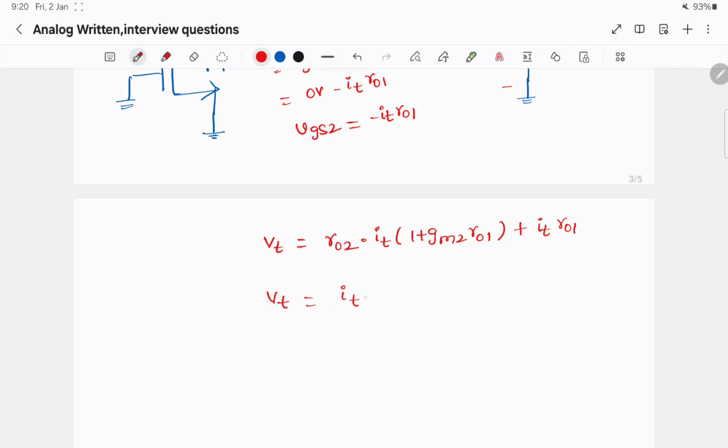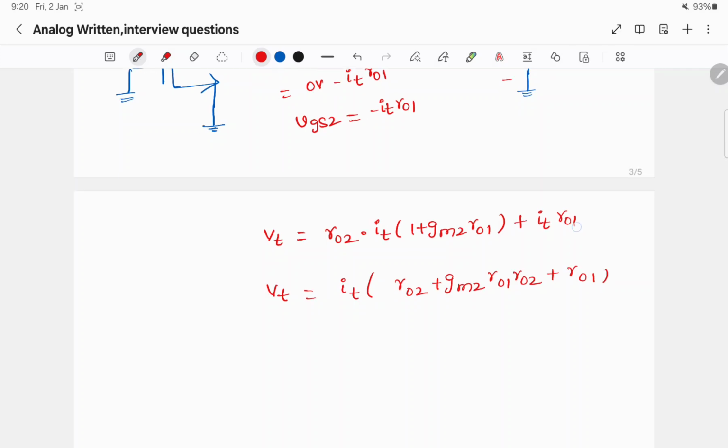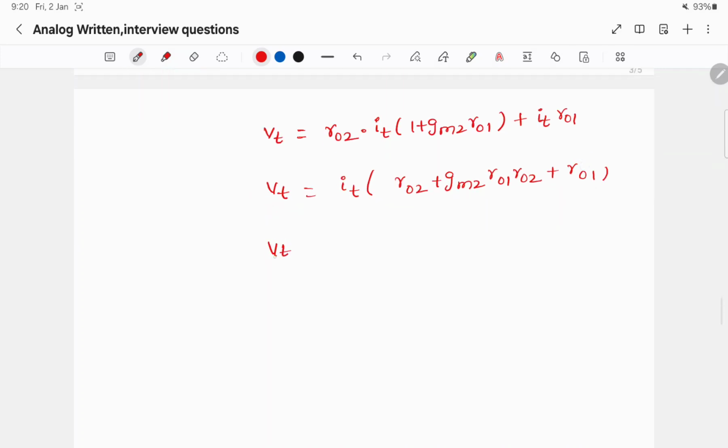If I take IT common, this is ro2 plus gm2 ro1 ro2 plus ro1. So VT by IT is ro1 plus ro2 plus gm2 ro1 ro2.